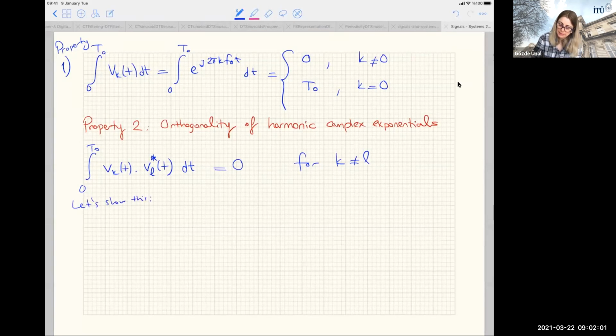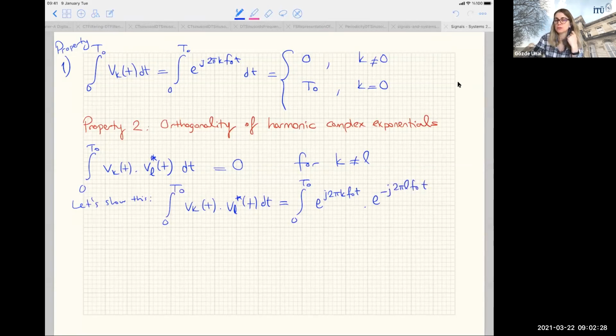So let's just take the same inner product integral, vk of t times vL conjugate of t dt. Insert my form of the Fourier basis. Remember, these v are the basis functions. e to the j 2 pi k f0 t times e to the minus j 2 pi L f0 t, because that's the complex conjugate of e to the j 2 pi L f0 t.